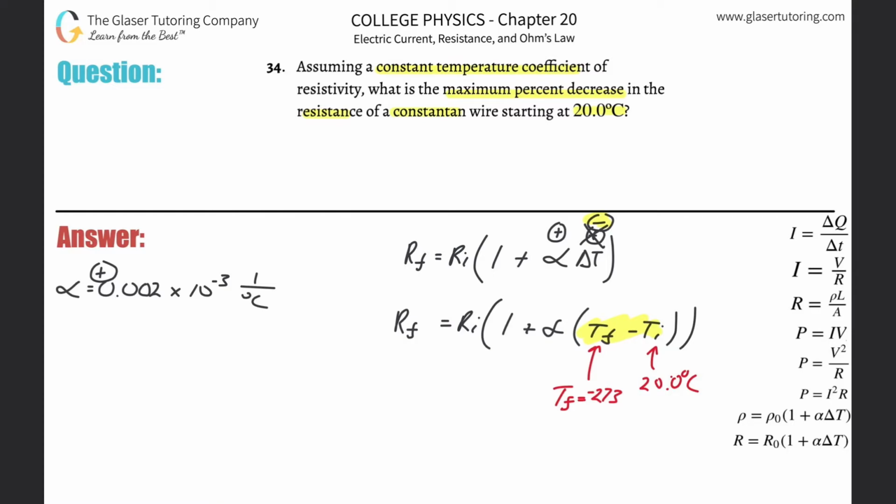So now we are going to calculate the maximum factor by which this will decrease. Watch: 1 plus 0.002 times 10 to the minus 3, multiplied by negative 273 minus 20.